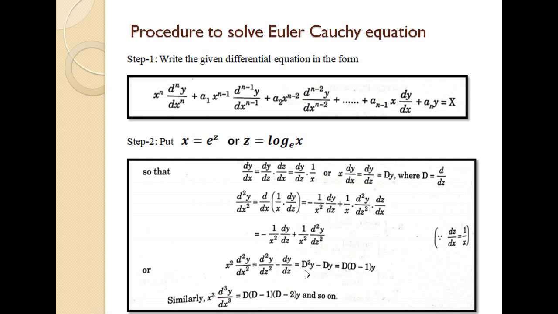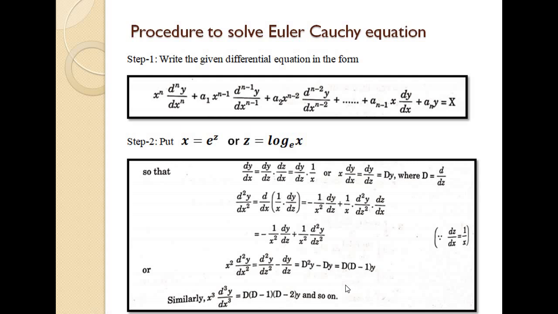So this is equal to, if we denote d by dz with capital D, this term will become capital D y and this term will become capital D square y. So x square into d square y by dx square will be equal to D square y minus D y, which is equal to D into D minus 1 operated on y.